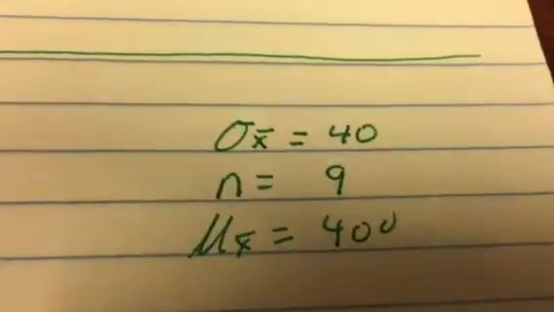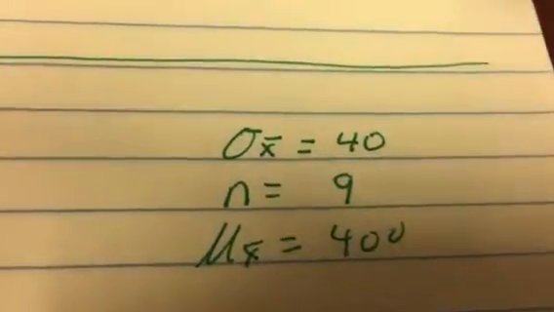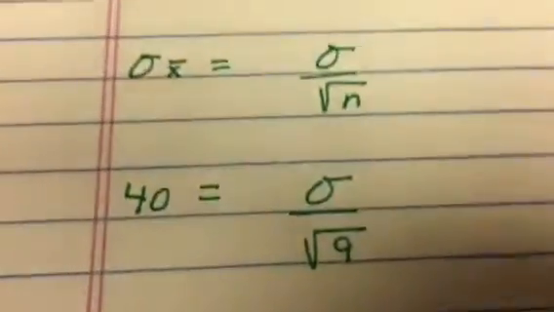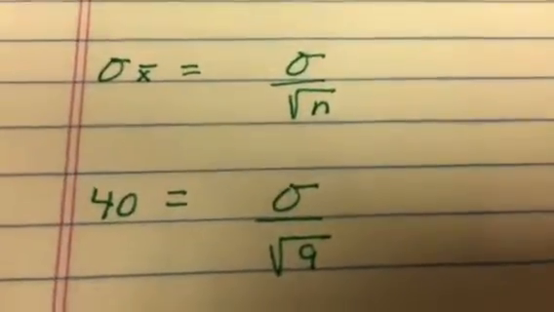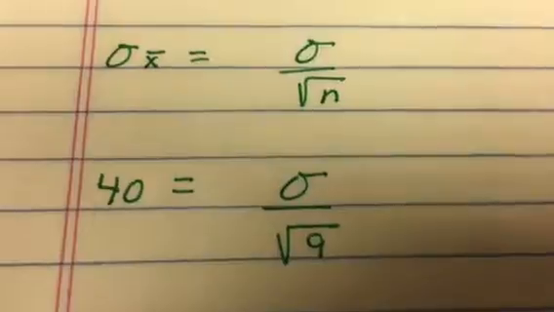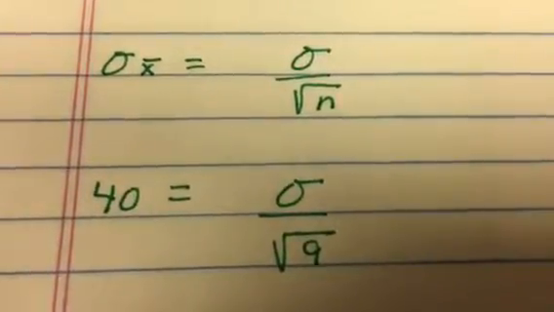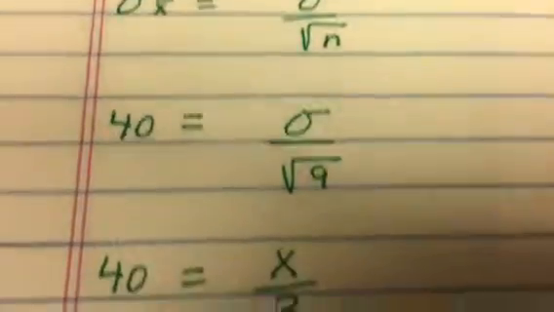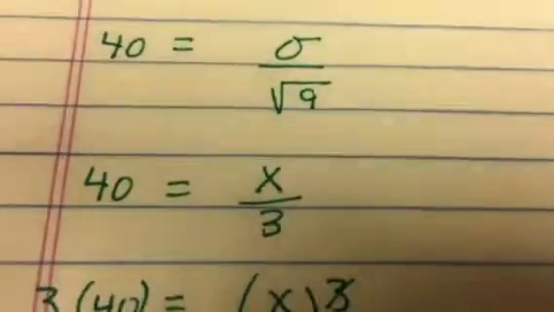So I'm going to take the values that I wrote down and plug those into the equation. Now my equation looks like this. Notice I put in 40 for the standard deviation of the sample means, and I put in 9. The square root of 9 is 3, so I've simplified this.